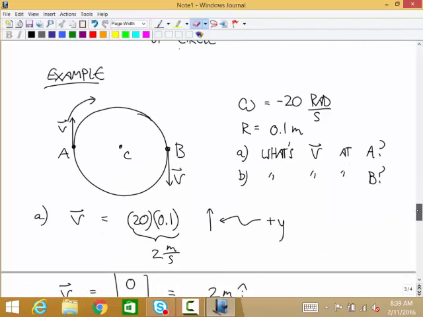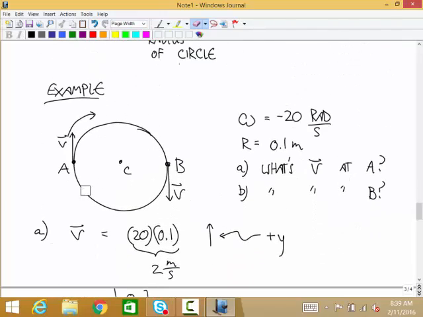So for A, we came up with a magnitude of 2 meters per second, and the direction is up in the positive y direction. Then all you're doing after that is using cosine and sine to figure out the components. So the 20 and 0.1 is just to get the magnitude of the vector.